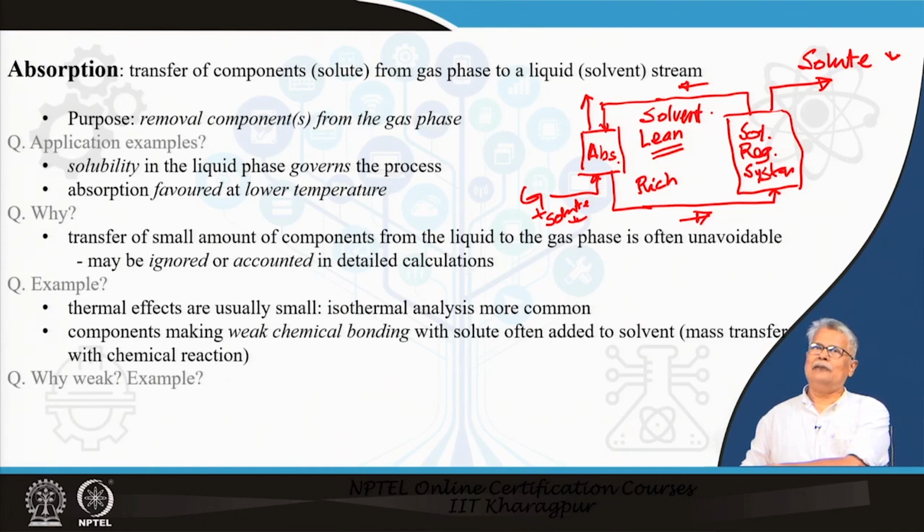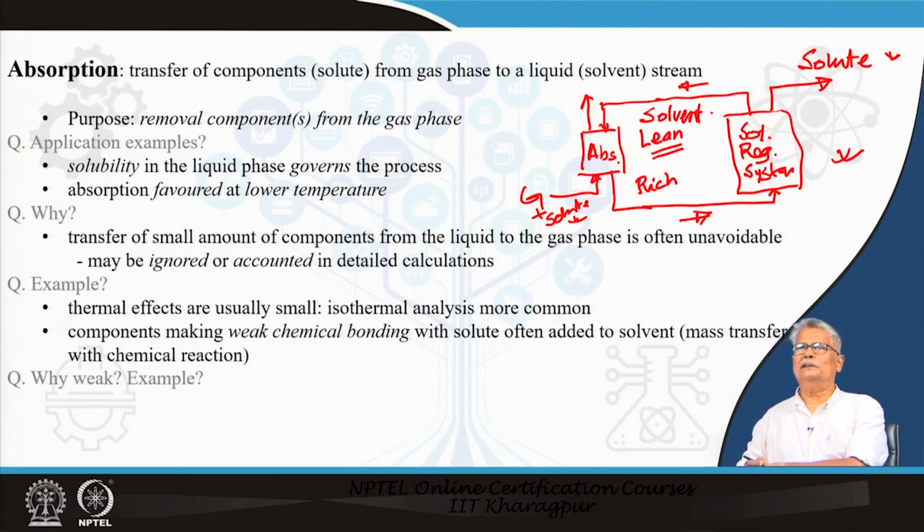That means, here we have not only absorption, there is another operation in the solvent regeneration where we are removing the solute from the solvent itself. This could be by simple boiling, which naturally reduces the solubility of the component in the liquid phase and it boils off. So, the solute component goes off from the top. It could also be a stripper where it is stripped with an inert gas. It could be a reboiled stripper. It could be a small distillation column itself.